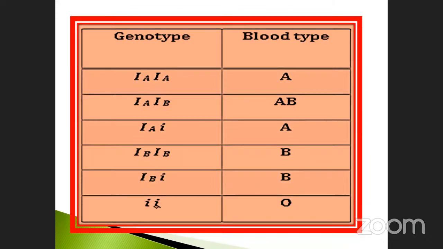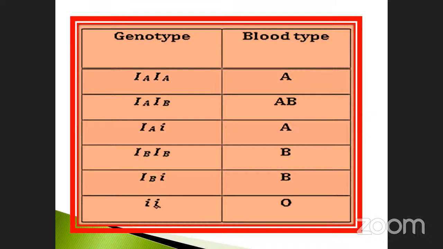Here, in the heterozygote, IA and IB, both sugar molecules are present. With IA only, only A sugar is present, so the blood group is A. Here both characters are present, A and B, so the blood group is AB. It's also codominant. But what about IA and small i?